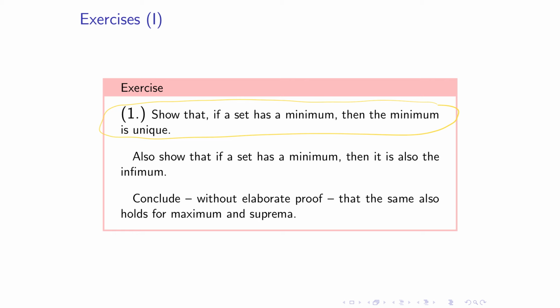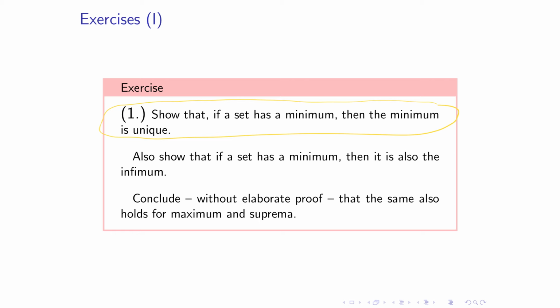But it is not obvious from just the concept, that it would be an element of the set and also a lower bound of the set. That definition does not trivially imply that there is only one such element. So although we speak about it using our intuition that there should only be one such element, it does deserve a proof, and that's what this exercise asks you to do.